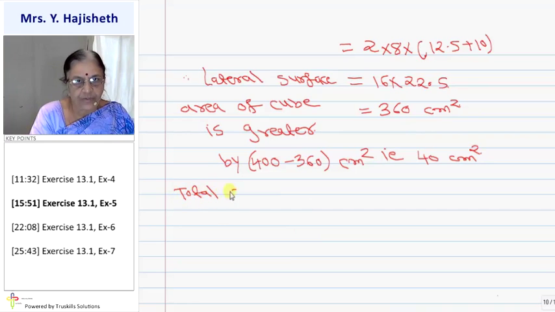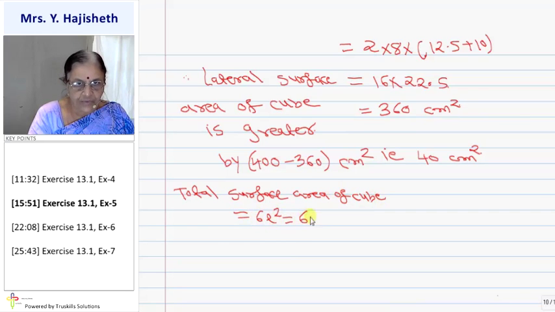Okay. Total surface area of cube, how much will it be? 6L square. So it is 6 into 100. So 600 centimeter square.